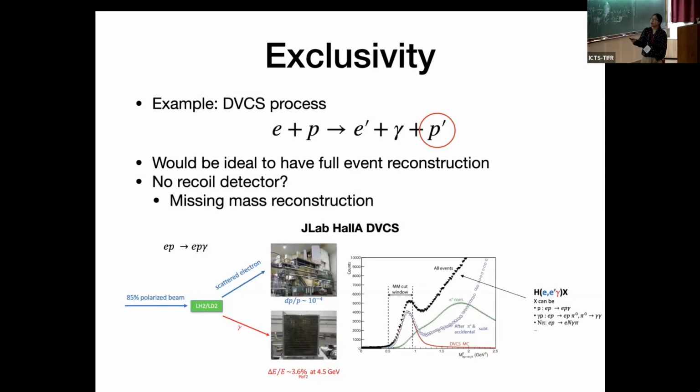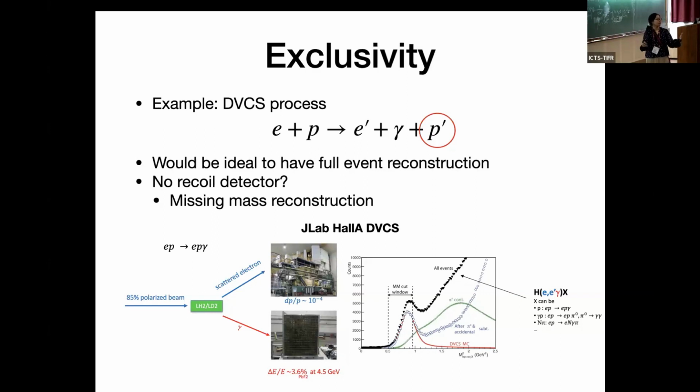But what if you don't have a recoil detector at all in the fixed target? What can you do? You can still do missing mass reconstruction, right? So you detect the scattered electron and photon, and you know the beam energy, and the target was at rest. So the only thing you don't know is the recoil, right?